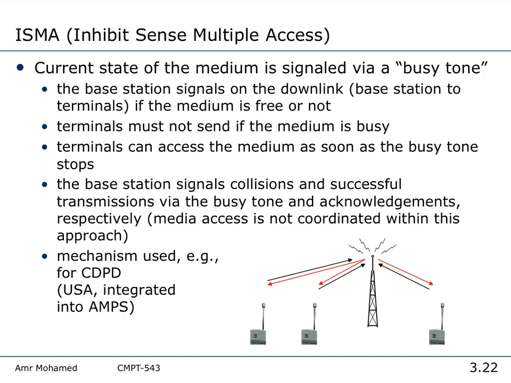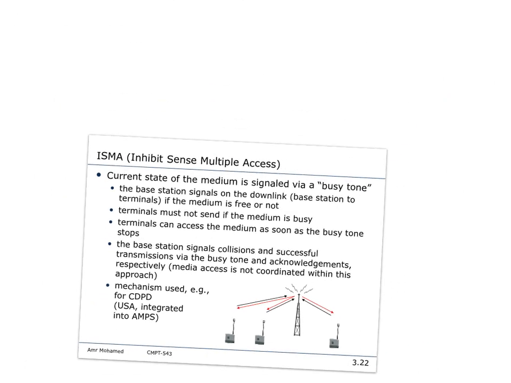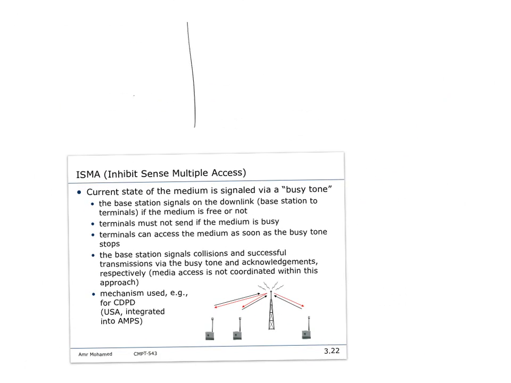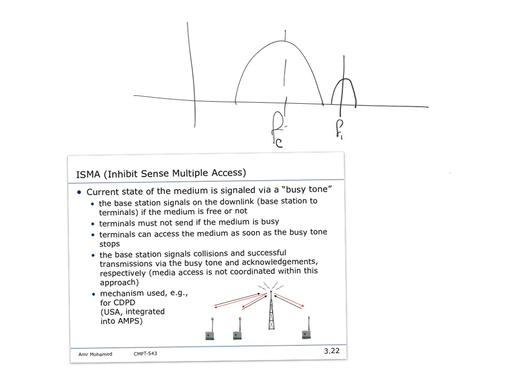So what happens is that, remember, we have a signal, so we have a specific carrier frequency. You have a busy tone. Whenever you see the term busy tone, this means a signal in another frequency. So this is the carrier frequency. This is the busy tone frequency, which is a separate frequency from the transmission of the data.